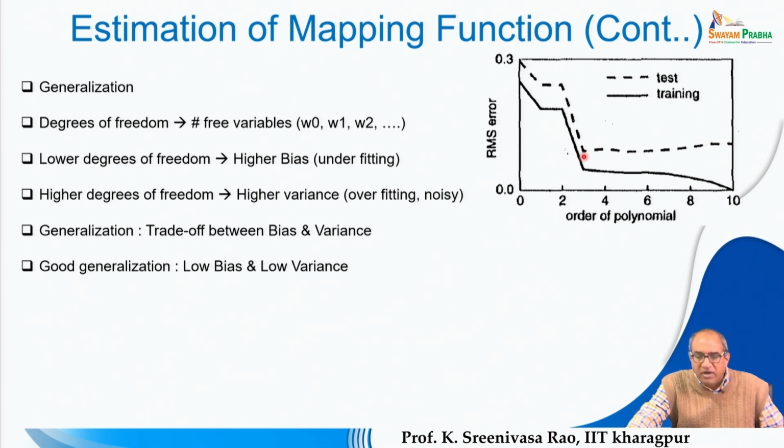This minimal point for the test data indicates the optimal complexity of the system. It means that for a given system, the order 3 or cubic polynomial is reasonably good for capturing the underlying function of the system, or you can say it best generalizes the system behavior, with a cubic polynomial, right.